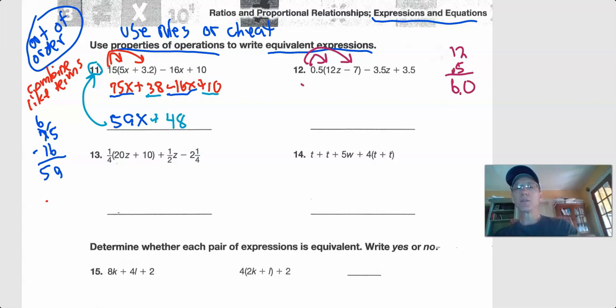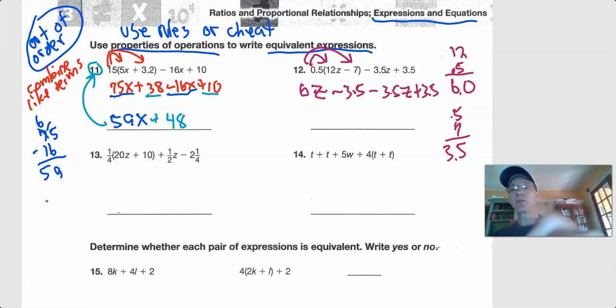So that's going to be 6z minus, and you have 0.5 times 7. So that's 7 times 5 is 35. One number behind the decimal, minus 3 and 5/10. And now we'll copy the rest of this, 3 and 5/10 z plus 3 and 5/10. They have a lot of 3 and 5/10 in there. Okay.